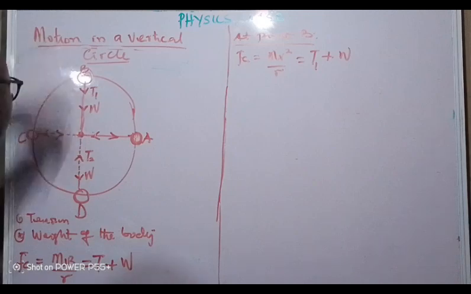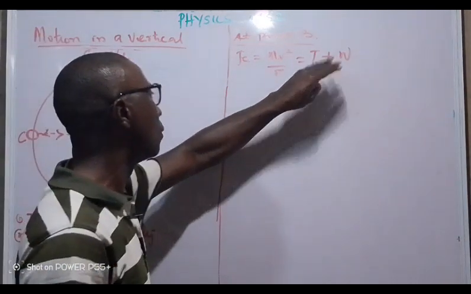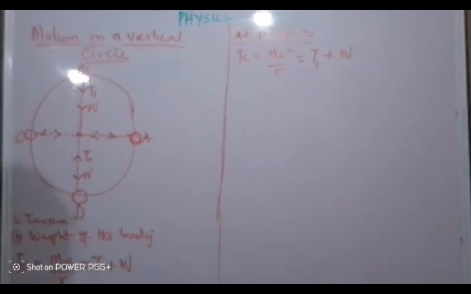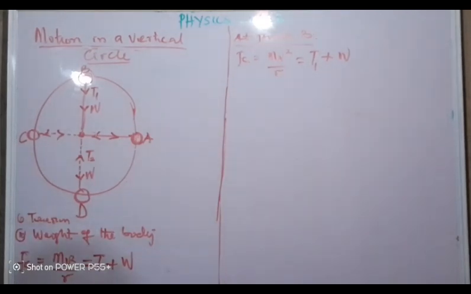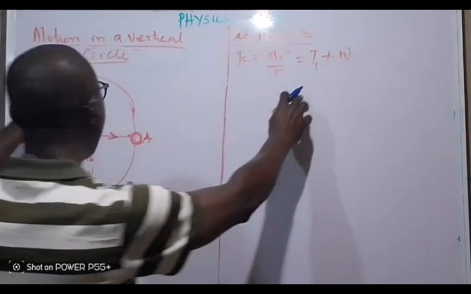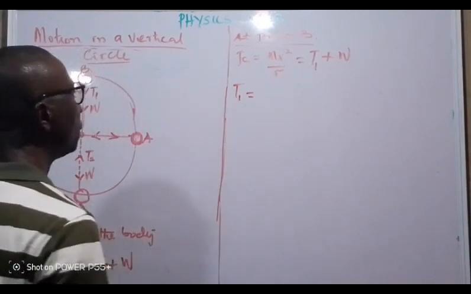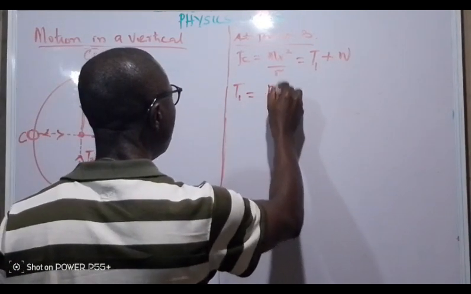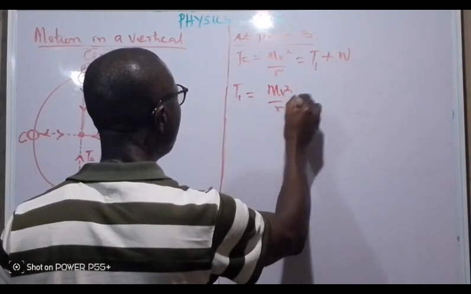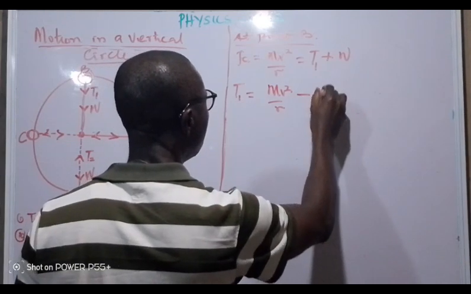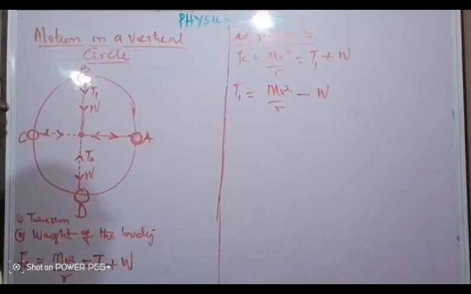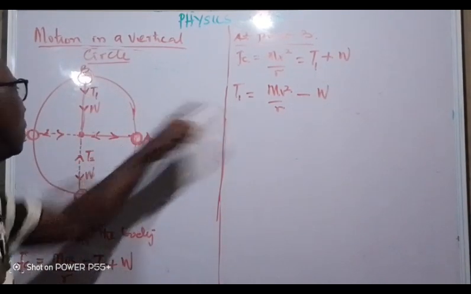Then we are going to have the total centripetal force like this. Therefore, the tension T1 at this particular point will be equal to mv square over r minus W.